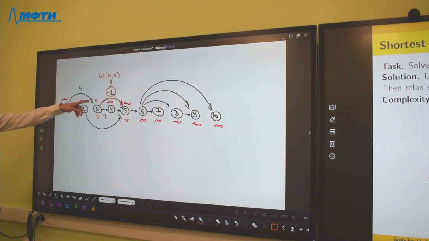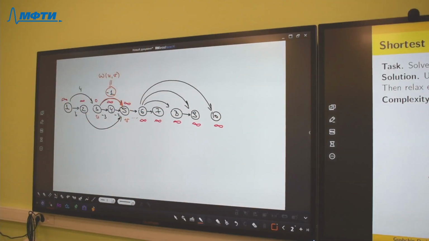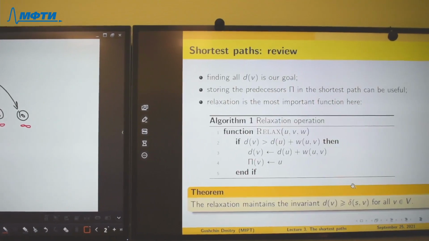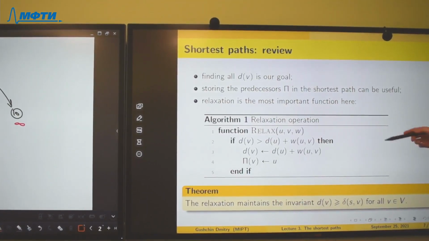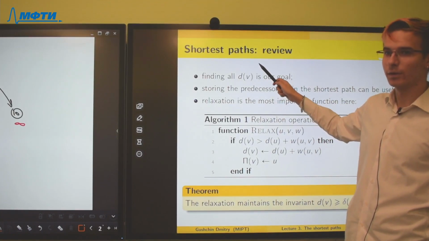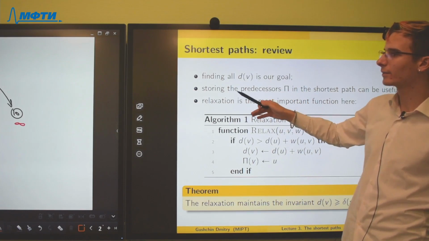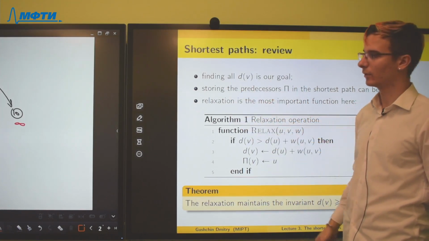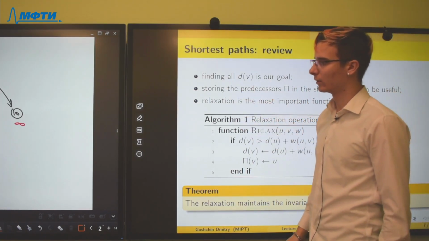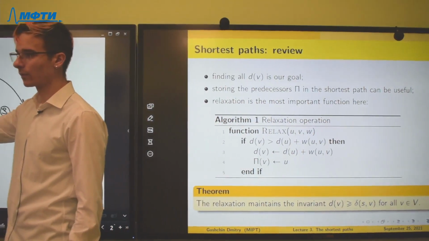The red numbers are equal to d of v. That is an array, for example, of the distances between vertices and the source.